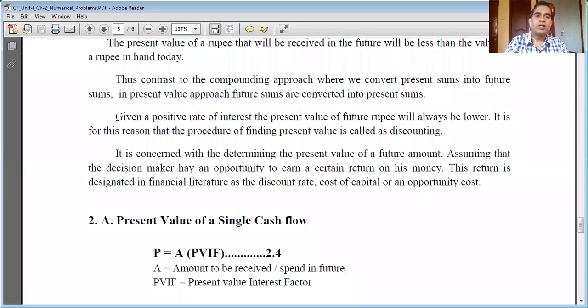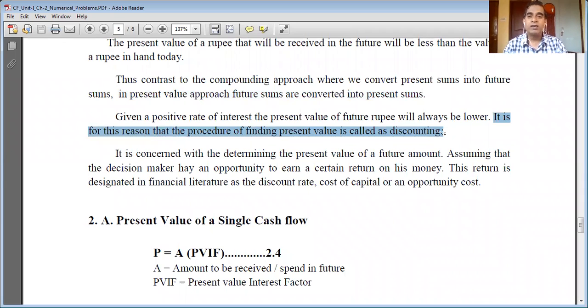Given a positive rate of interest, the present value of a future rupee will always be lower. It is for this reason that the procedure for finding present value is called discounting.